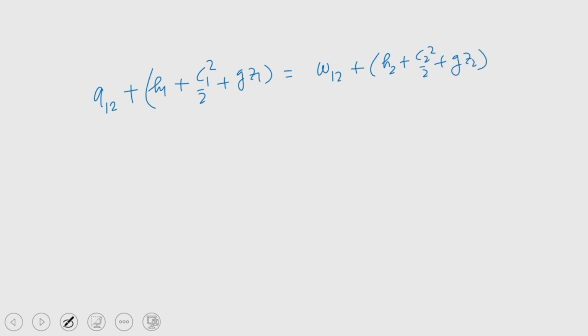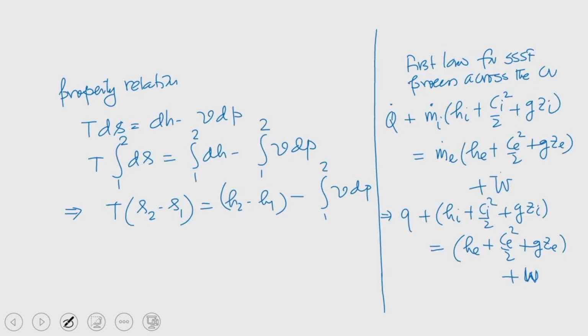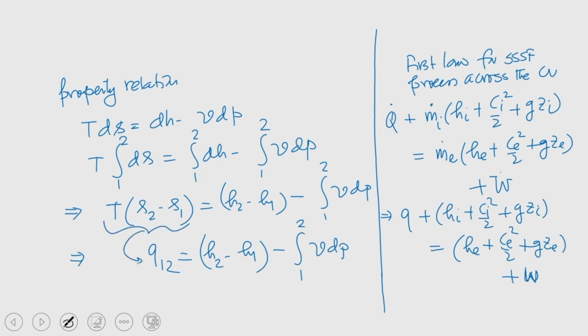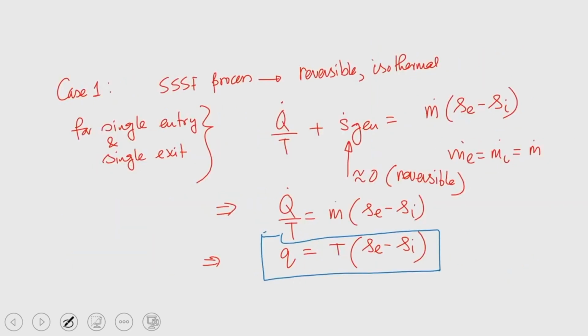So, basically, if we try to write this quantity, q1 to 2 equal to h2 minus h1 minus integral 1 to 2 VdP, we can write this quantity q12 from this expression.